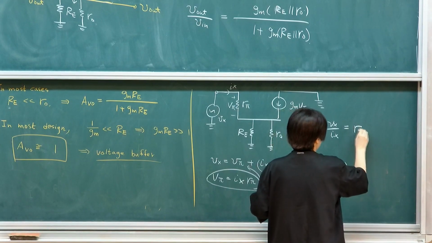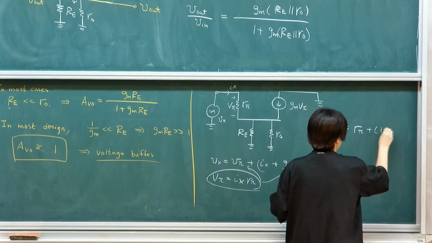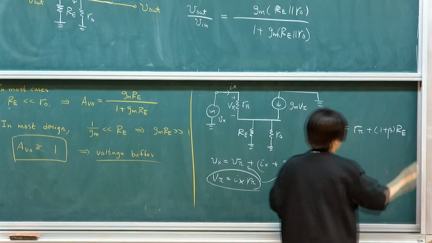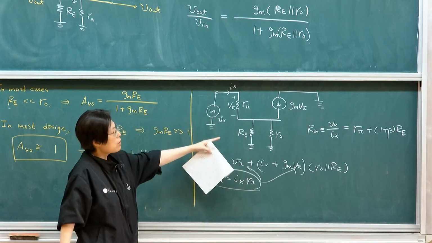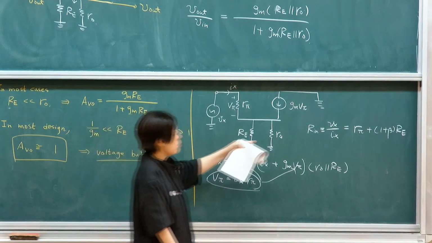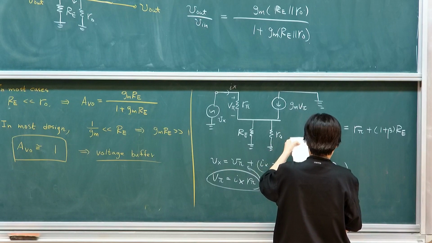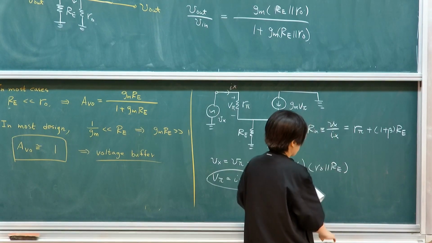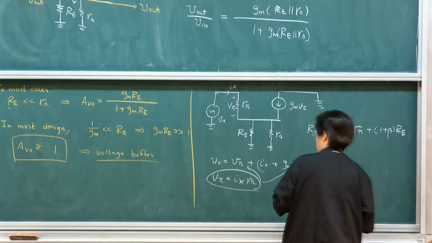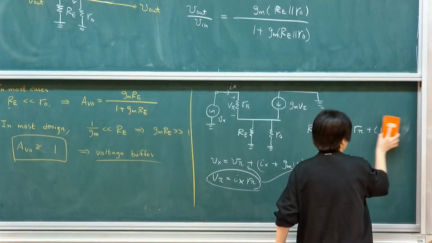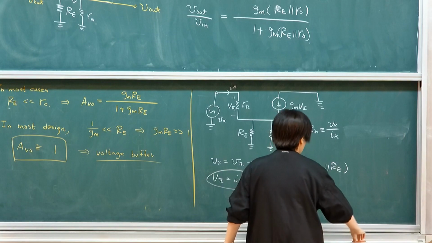Then the result will be, not surprisingly, the same as what we did in our previous analysis, which is this resistance plus whatever is being amplified at the terminal. To be more precise, let me rewrite it.